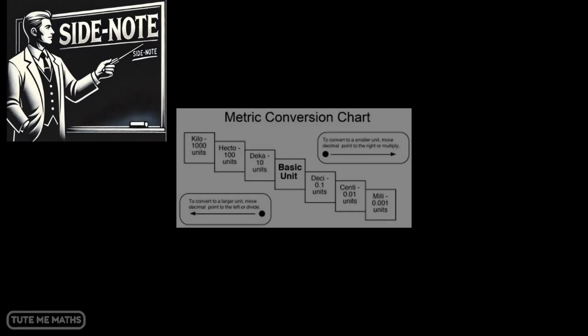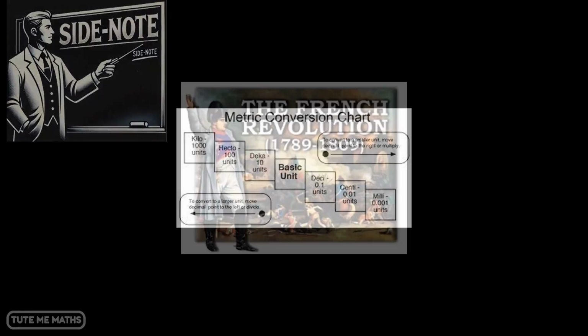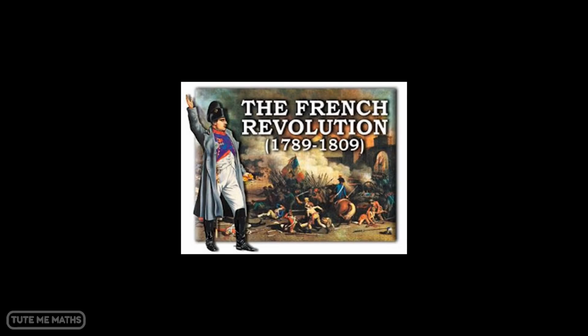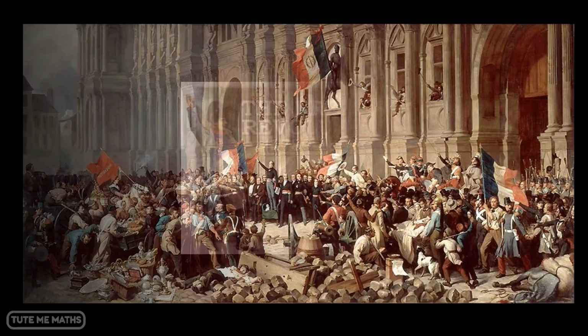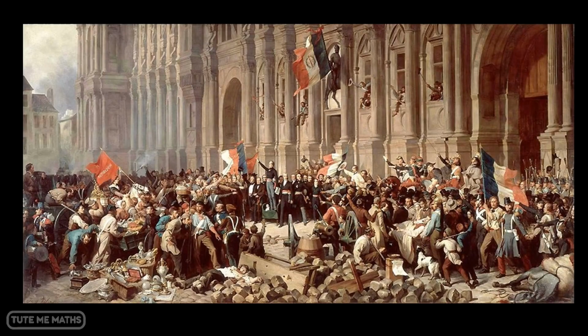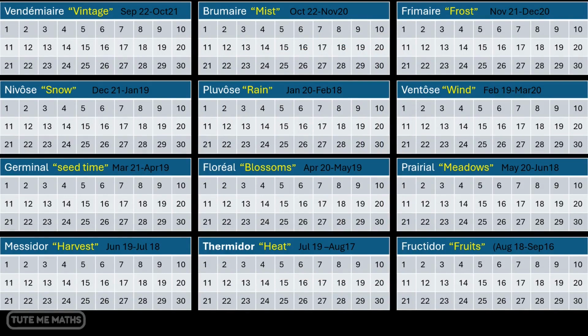An interesting side note, when the metric system was developed during the French Revolution, attempts were also made to metricize time and angular measurements, and a new French Republican calendar was introduced in late 1793, consisting of 12 months of 30 days, split into 3 10-day weeks.